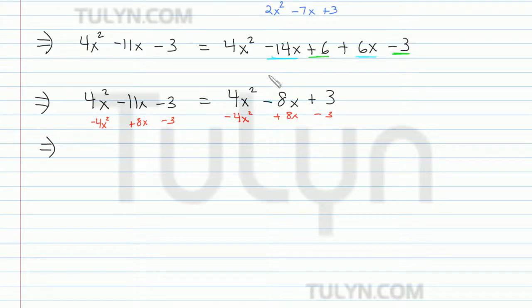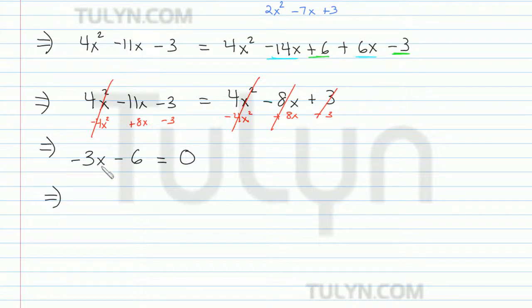But notice that the 4x squareds give us 0 on both sides. Then we end up getting negative 11x plus 8x. That's negative 3x minus 6 is equal to, everything cancels out here, so we end up getting 0.